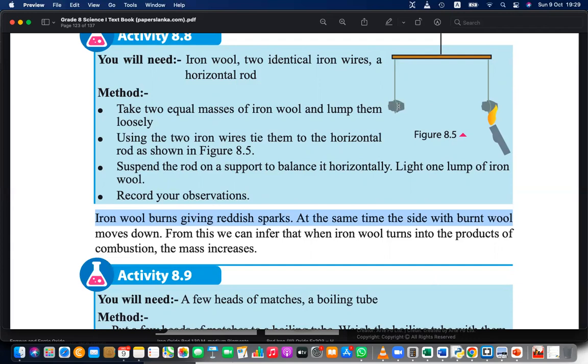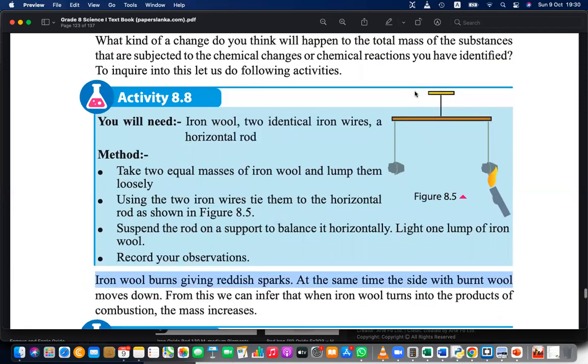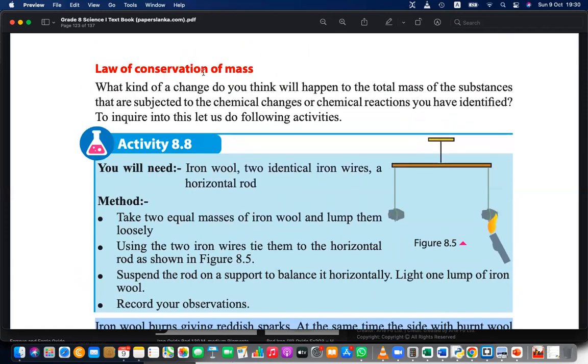So what has happened? It has reacted with oxygen in the open air. The system is open, right? That is the problem. The law of conservation of mass is still true, but the system is open. When the system is open, it will react with the elements in the environment.